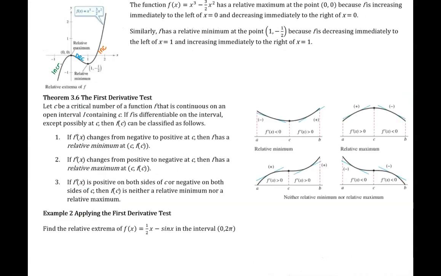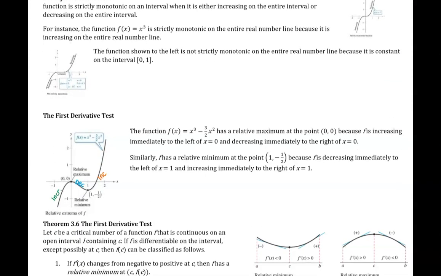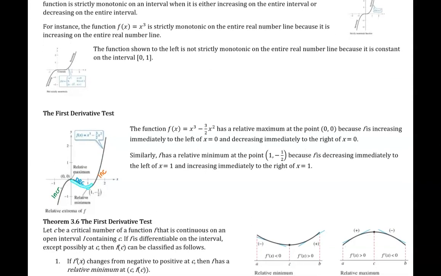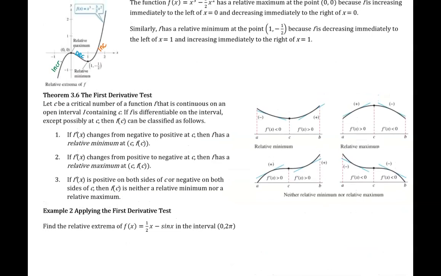Similarly, if it changes signs from a negative derivative, hits a critical value, and then switches to a positive, so it went from decreasing to increasing, that's what happened when it crossed over the critical value of 1, then that would mean that you have a relative minimum. So when we're using the first derivative test to show that we have relative extrema, we need to discuss how the sign of the first derivative is changing.